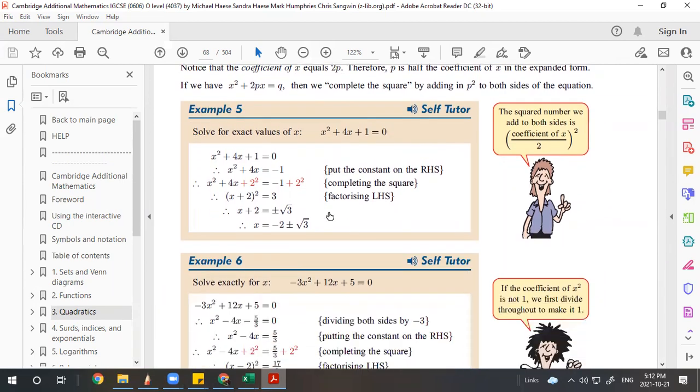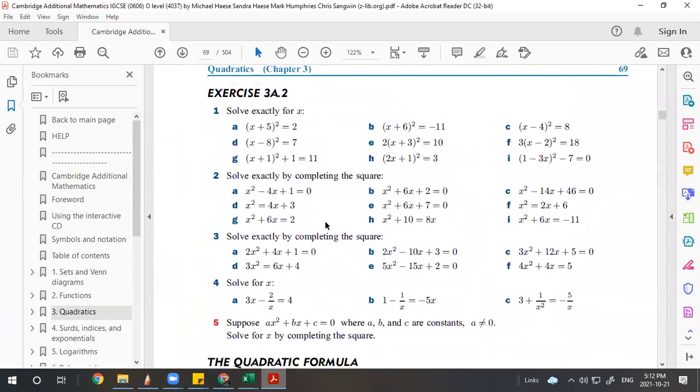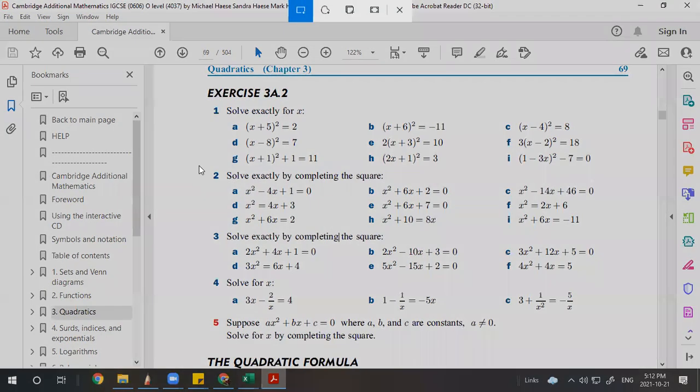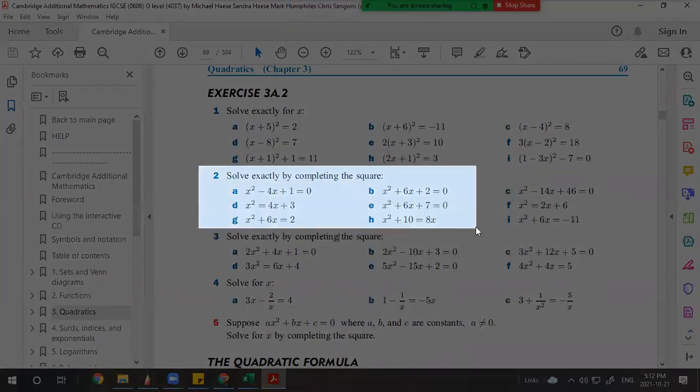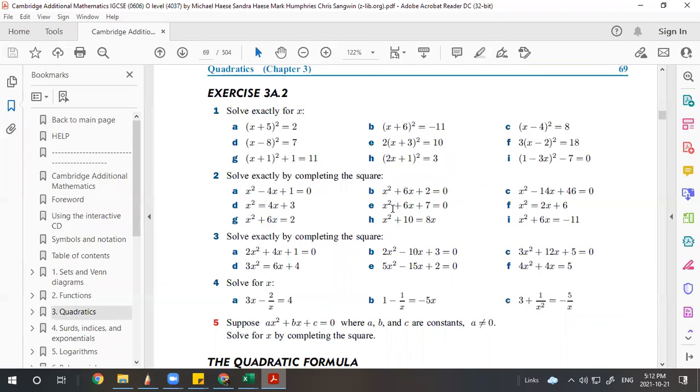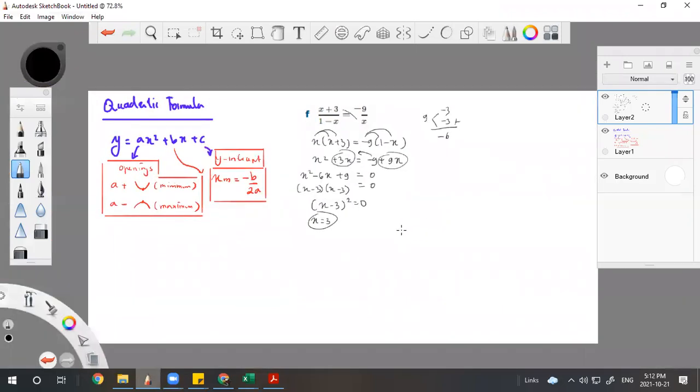Okay, so let's try to do some examples about this. I don't think we need to do number 1 because it's very simple. It's already a perfect square, but the harder one will be, there you go, number 2. Or I think number 3 is also hard. Why? Because we have 2 here. Okay, let's try to do one by one.